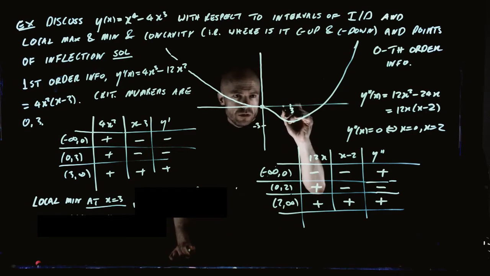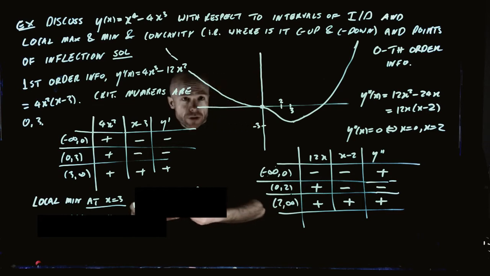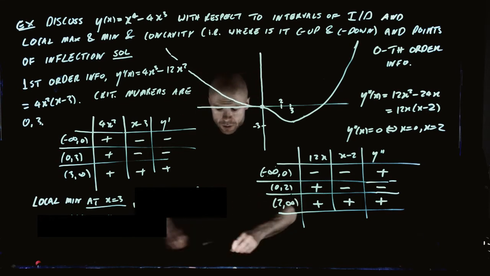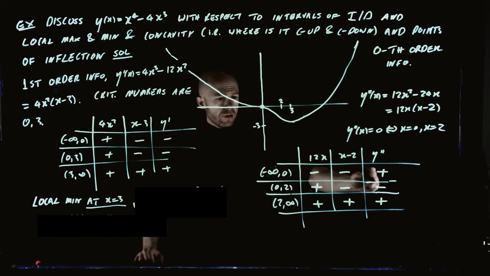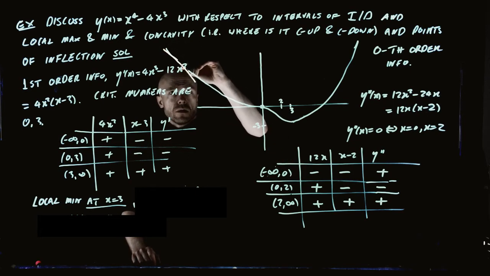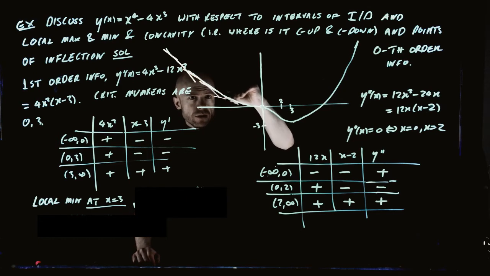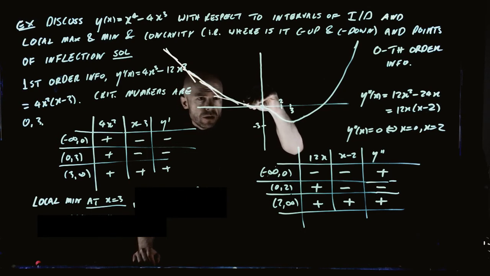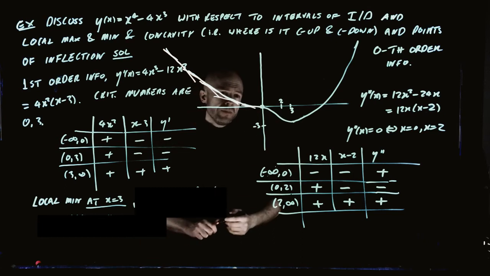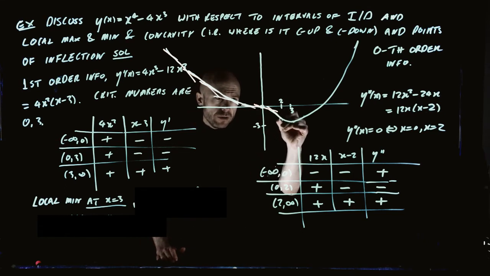So let's say this is 2 right here. And sure enough, that does make sense, right? We can be concave up from minus infinity to 0. We can have this curving like this, so the tangents are underneath it. And then from 0 to 2, the tangents are above it.